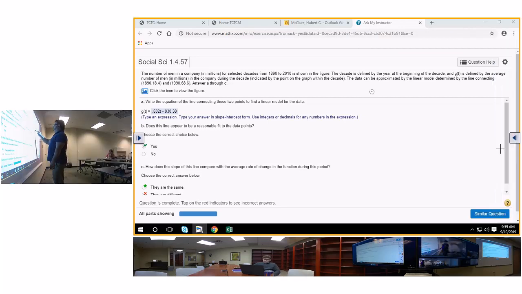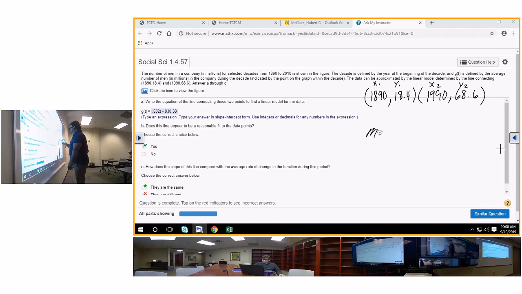So, 1890, comma, 18.4, and 1990, comma, 68.6. We read from left to right, x sub 1, y sub 1, x sub 2, y sub 2.